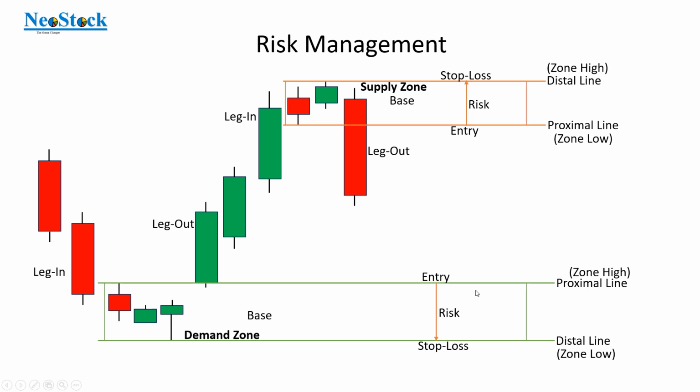How can we reduce the risk? There are several techniques available, and one of the techniques you are learning in this particular chapter is proximal line adjustment, or proximal line placement. So you can adjust the proximal line by following certain rules. Let us focus on those rules.